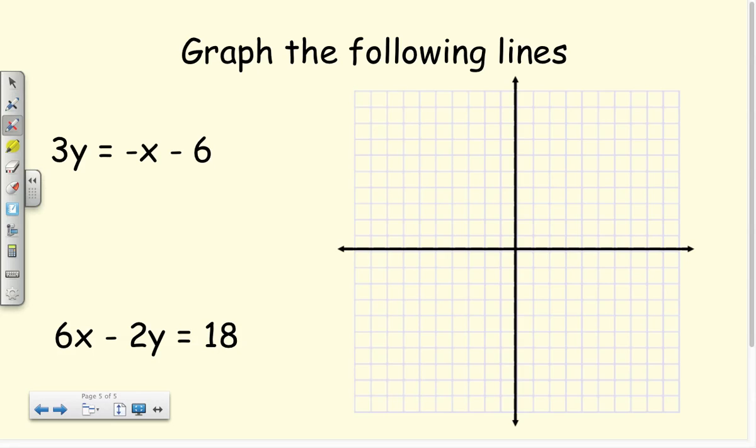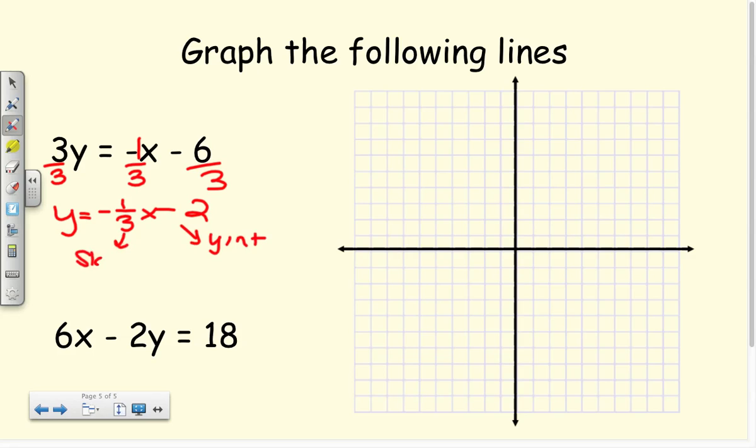So please keep in mind that this is the same as saying negative 1 times x. So when I divide everything through by that 3, I get y is equal to negative 1/3 x minus 2. And when I graph it, my y-intercept is negative 2.